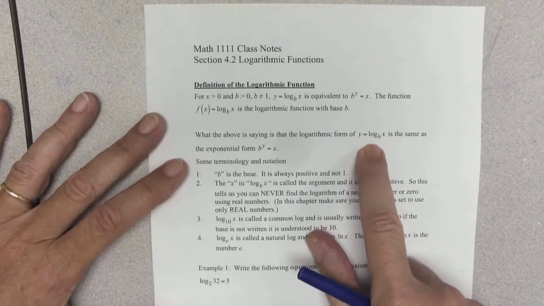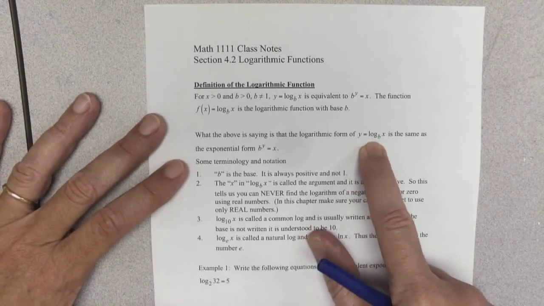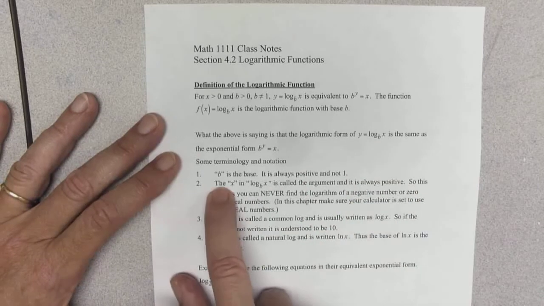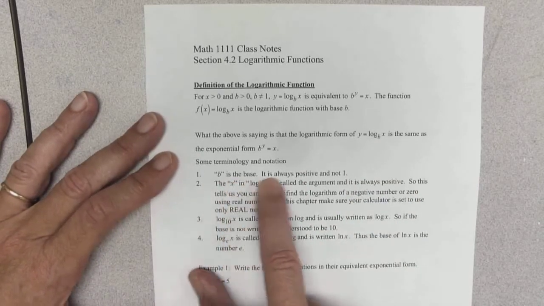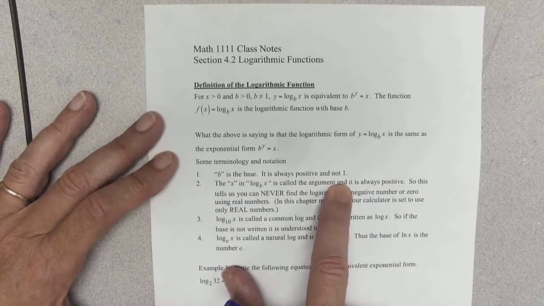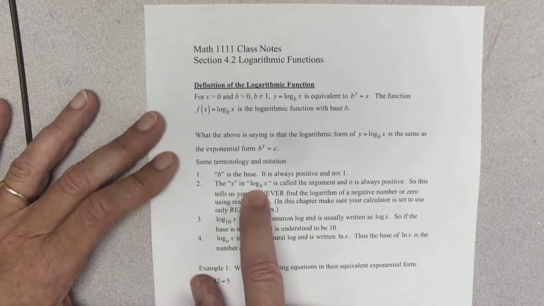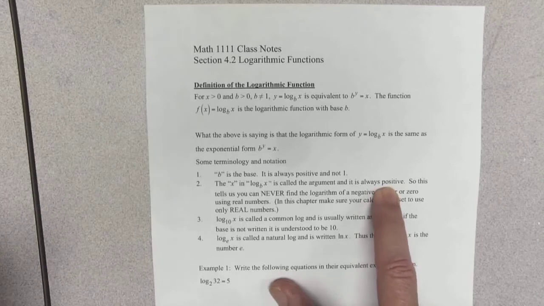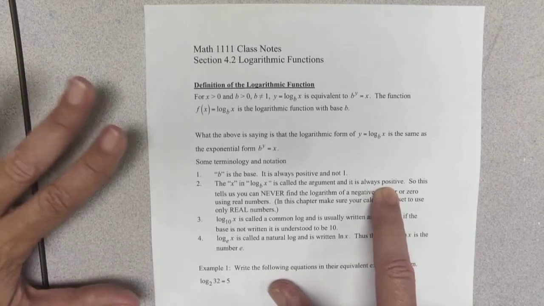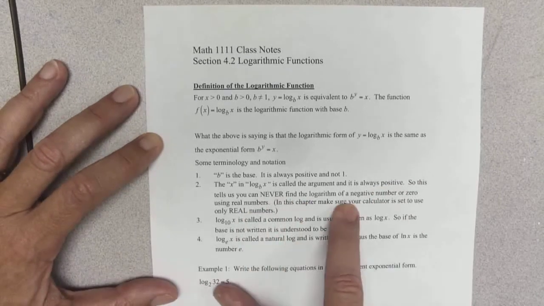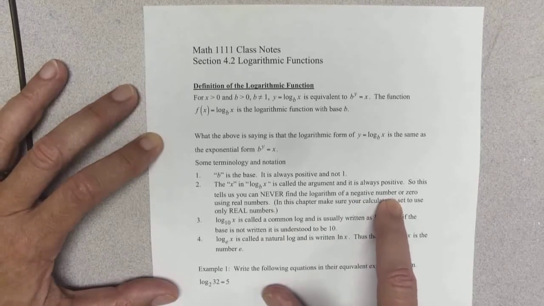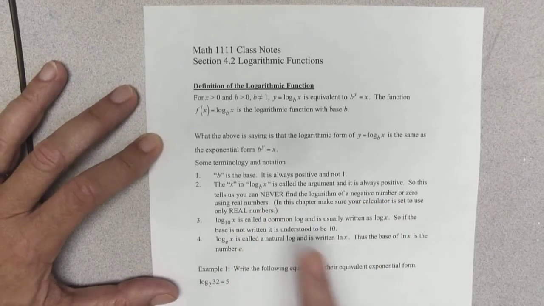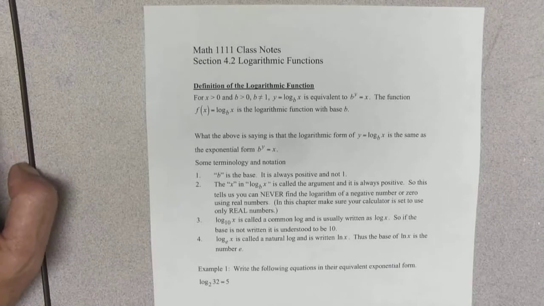Now some terminology. When we have log base b of x, that b is called the base. It's always positive and not 1. The x in log base b of x is called the argument, and it is always strictly positive. So you can never find the logarithm of a negative number or 0 using real numbers, and in this chapter we are only doing real numbers.